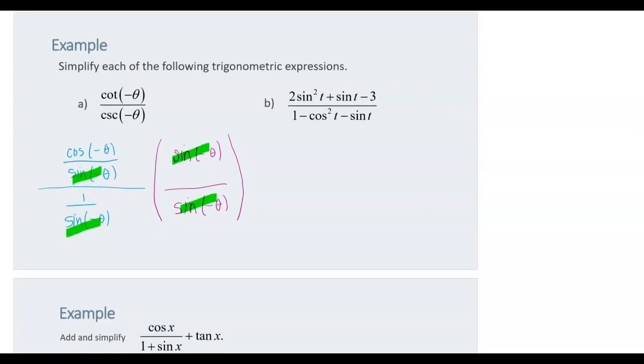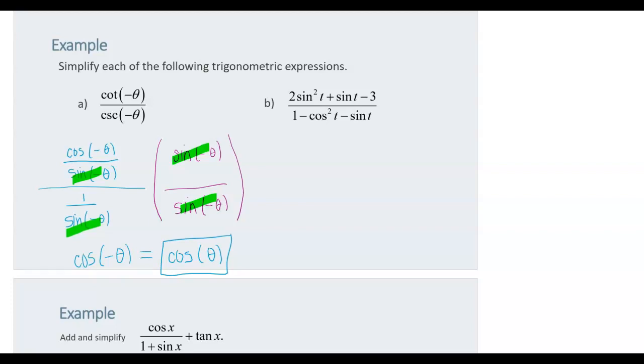And it looks like I'm left with just, in the numerator there, cosine of negative theta. And because cosine is an even function, plugging in the negative angle will give us back the same value as if we plugged in the positive angle. So our final answer is going to be just cosine theta. It's a much simpler form than what we started with.